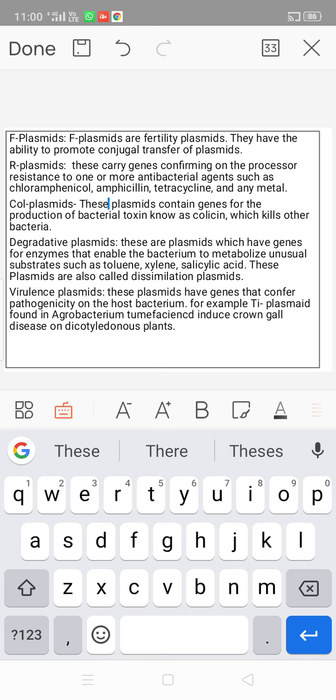These plasmids contain genes for the production of bacterial toxin known as colicin, which kills other bacteria. The bacterial toxins are generally called bacteriocins. These bacteriocins are active only against closely related strains of bacteria.